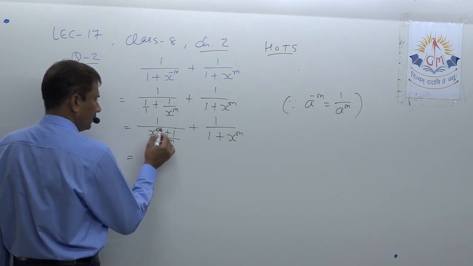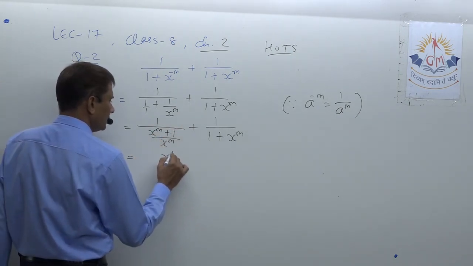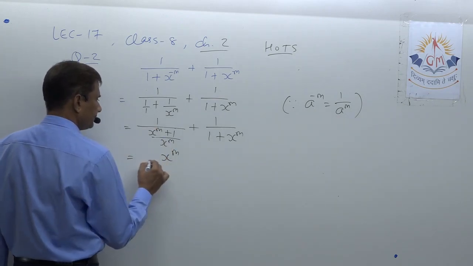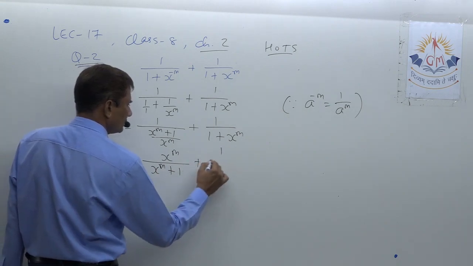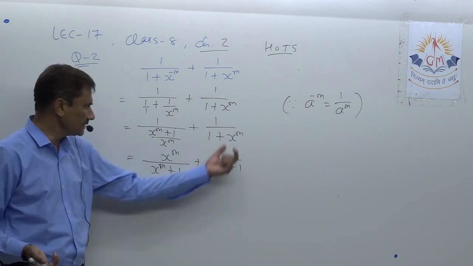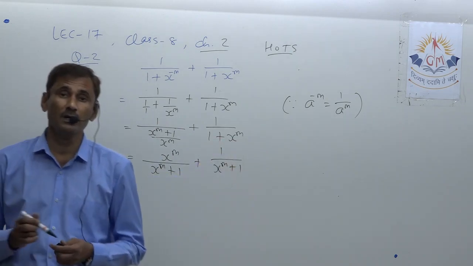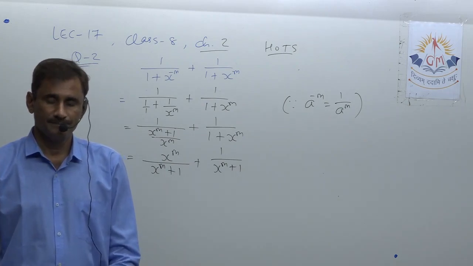Now you know the denominator goes to the numerator. So at the numerator it will be this one. So it is x raised to m plus 1, and here also I can write x raised to m plus 1. Both are the same only, because the sequence is not important in addition or multiplication, means the commutative law follows there.